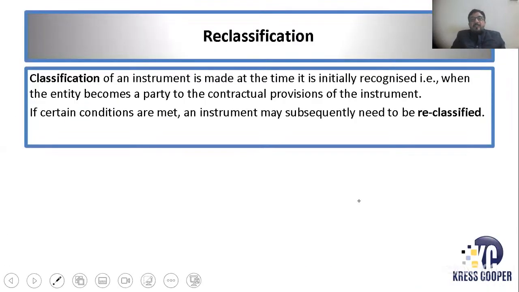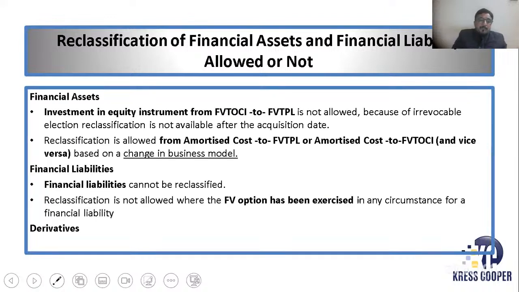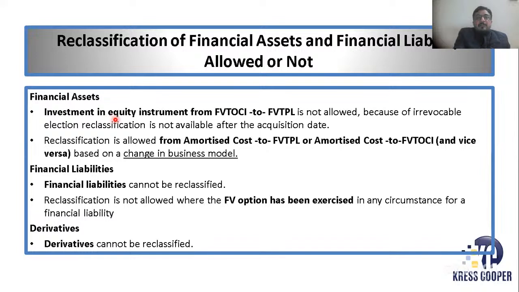And reclassification, I'll say this slide is an ultimate slide in which you will get to know what this reclassification is. Reclassification is not allowed, in fact, unless the business model is changing. So a financial asset investment in an equity instrument cannot go from fair value through OCI to fair value through profit and loss, because the equity instrument was irrevocably designated to be measured at fair value through other comprehensive income.